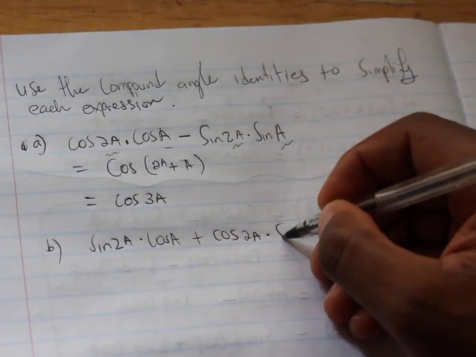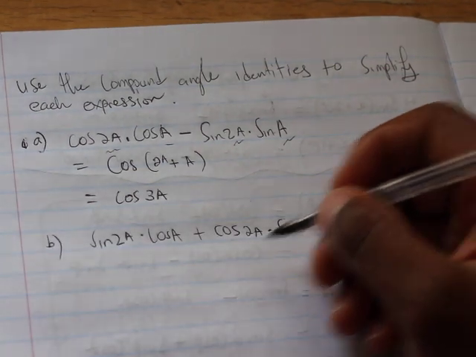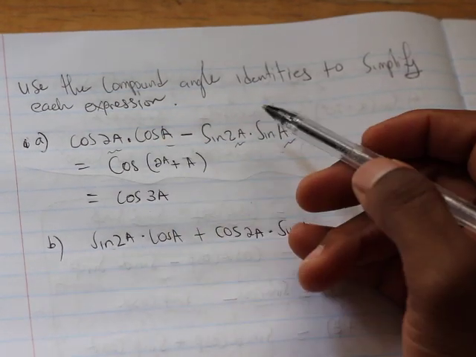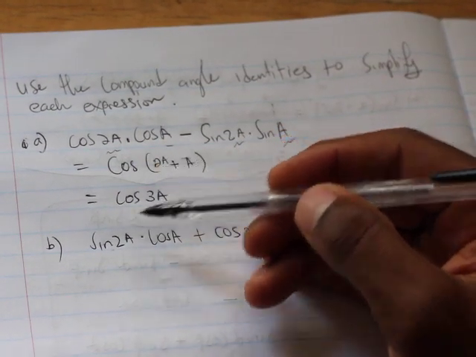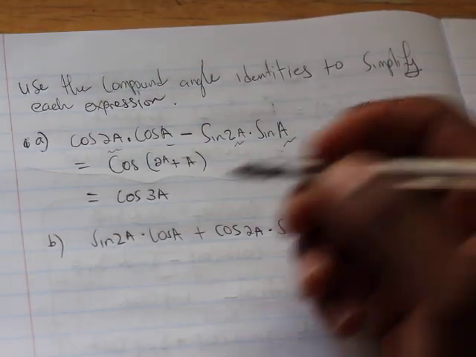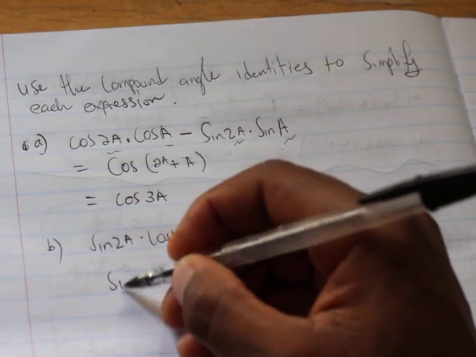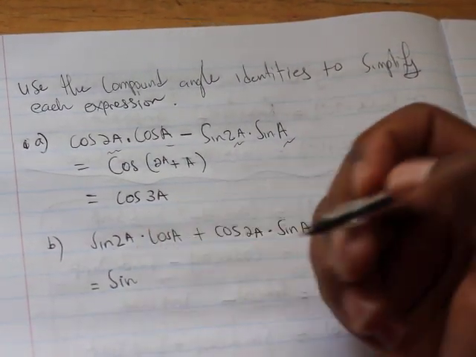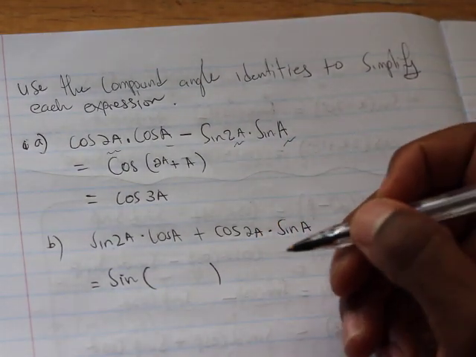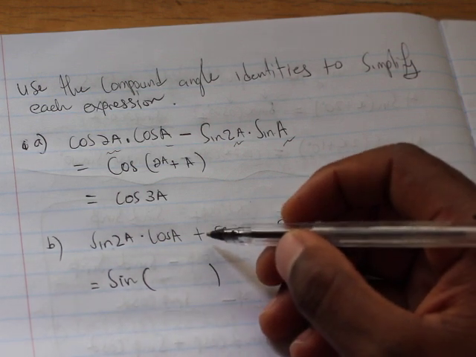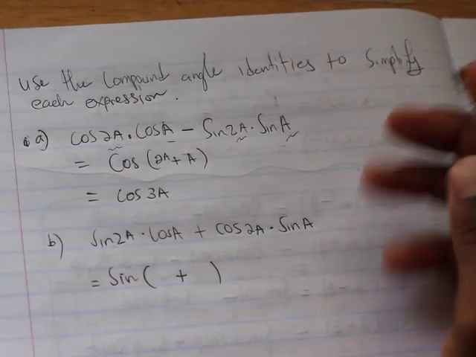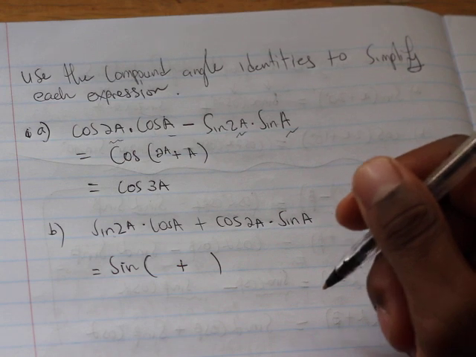Remember when the trig ratios are the same, we're dealing with cos. Now they're different, so that's going to be sine. With sine, if there's a plus in the middle, there's also going to be a plus there. The signs don't alternate, they're exactly the same.